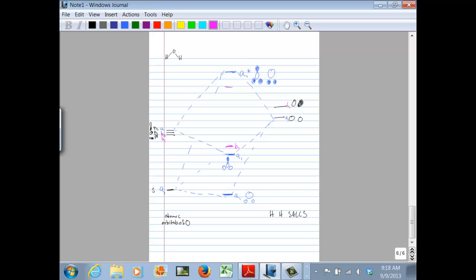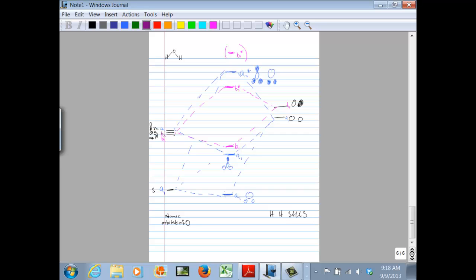So the reason that I would say put it below is because I think you would want to fill that less stable antibonding than you would knock out the B1 bond first because the B1 bond is higher in energy, but you don't know. So you could draw it there or you could draw it up here. I don't know where it is, and neither do you. So all you can do is use reasoning to guess. And if you can give me a good reason, then that's good enough.